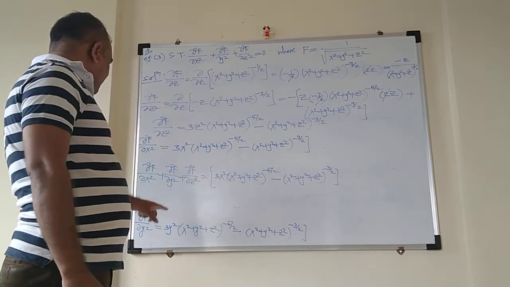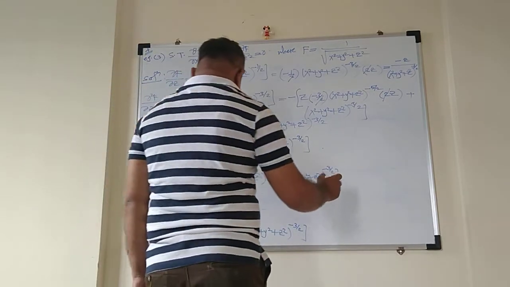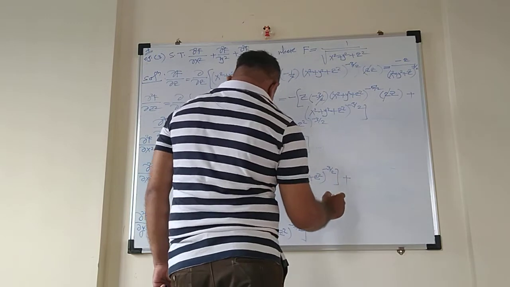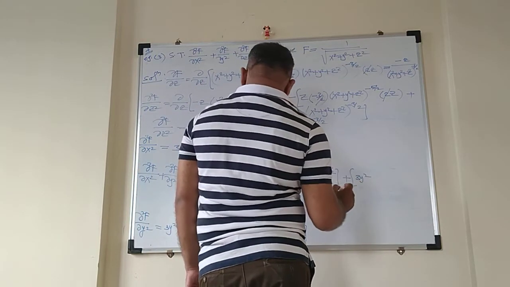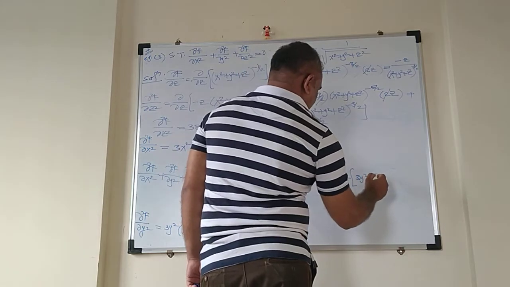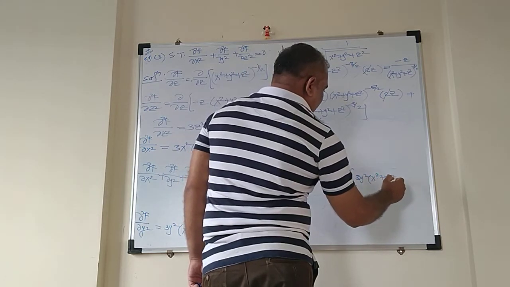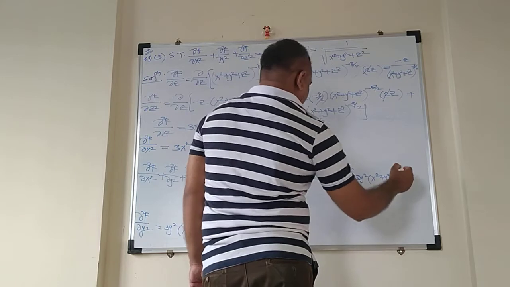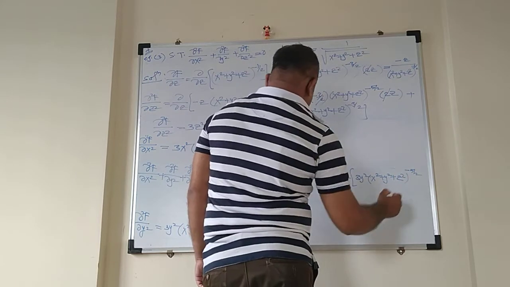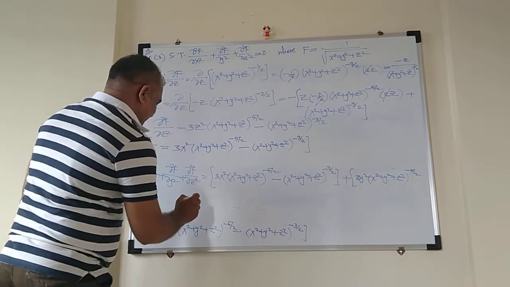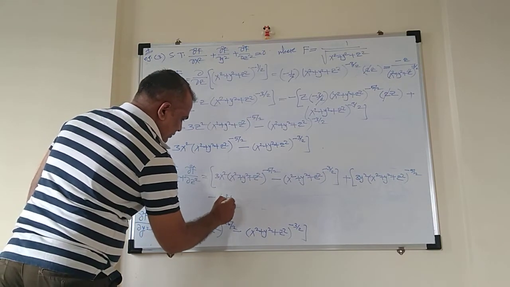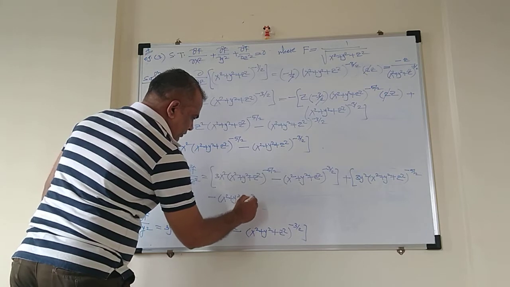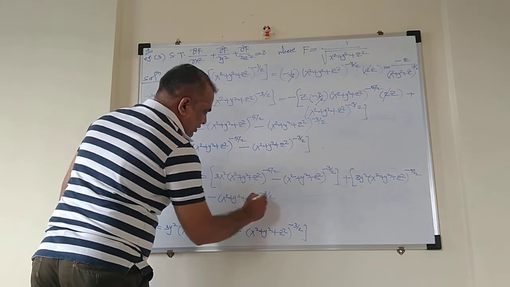Now second, dou 2f by dou y square is this. Let me put this value also. So plus, let us take in a bracket, 3y square into (x square plus y square plus z square) raised to power minus 5 by 2 minus (x square plus y square plus z square) raised to power minus 3 by 2.